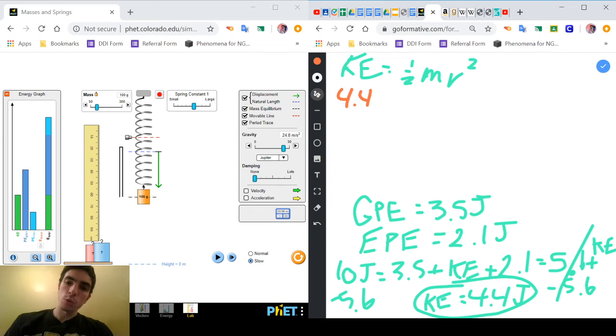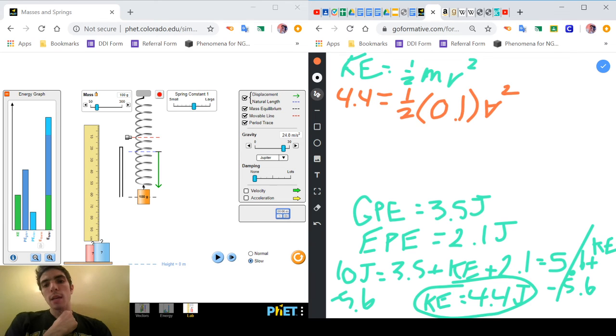4.4 joules is equal to 1/2 times 0.1 kilograms times v squared. And I think it's easiest to combine our terms that we can at this point. So I'm going to multiply our 1/2 and 0.1, which I think should be 0.05 v squared.